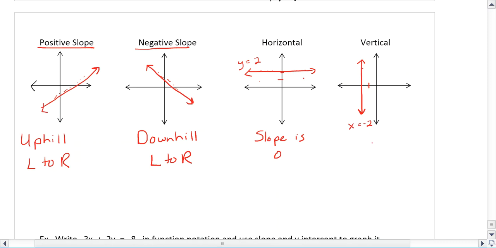That gives us a vertical line, and the rise is infinity, and the run, it does not go side to side at all, so infinity over 0 does not work in our number system. So we say that any vertical line has no slope. Another way we say that is that the slope is undefined. And again, that comes from the fact that we cannot divide by 0 in our number system.